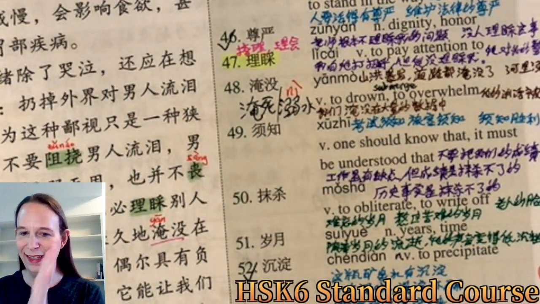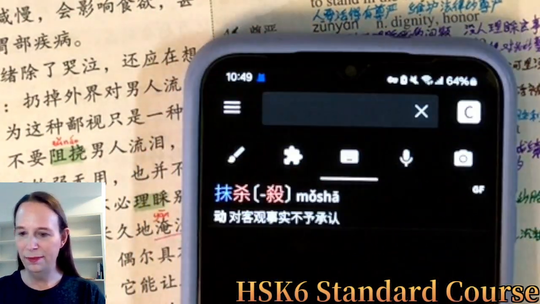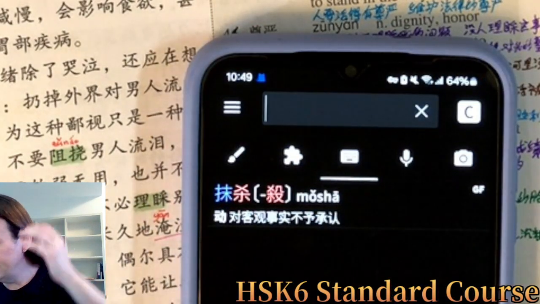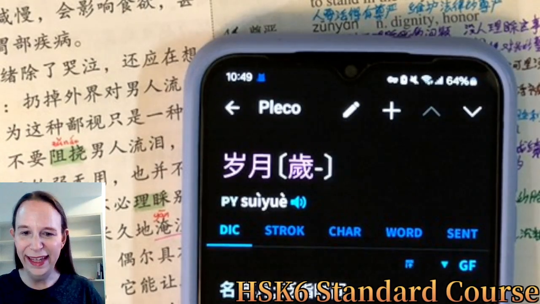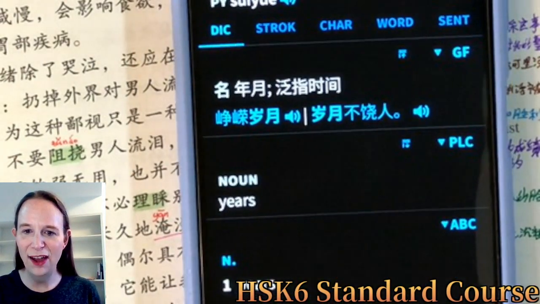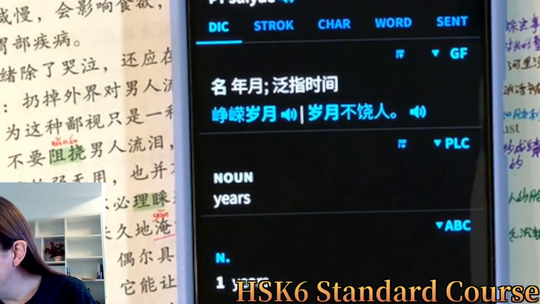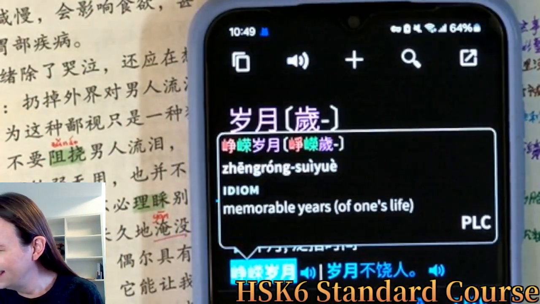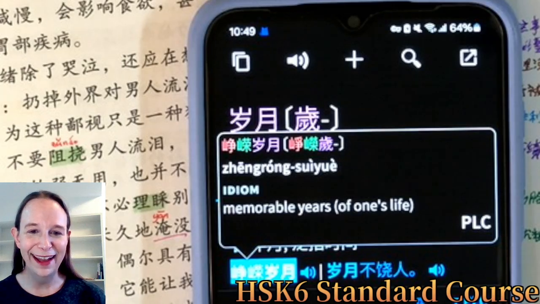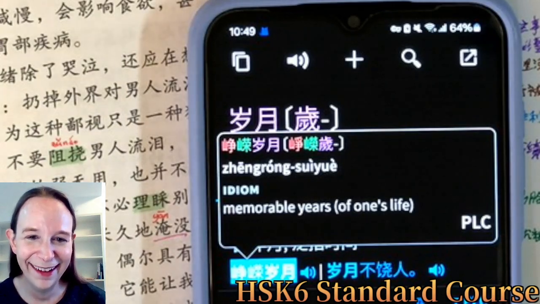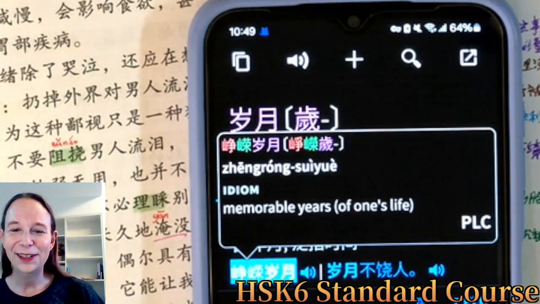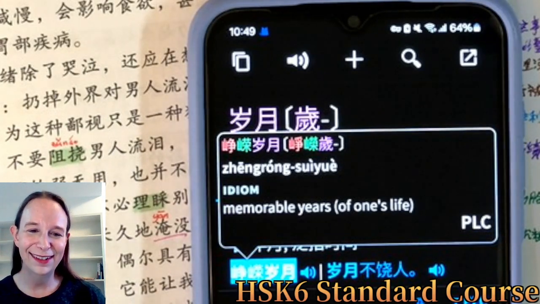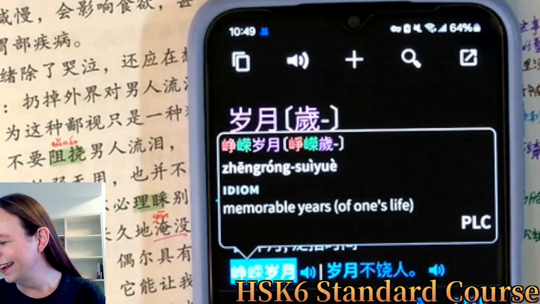Yeah, I seldom encounter this. 岁月 usually it's like 岁月的推移 or something like this, a lapse of time. What is that? 峥嵘岁月, whoa, what are some wacky characters there?